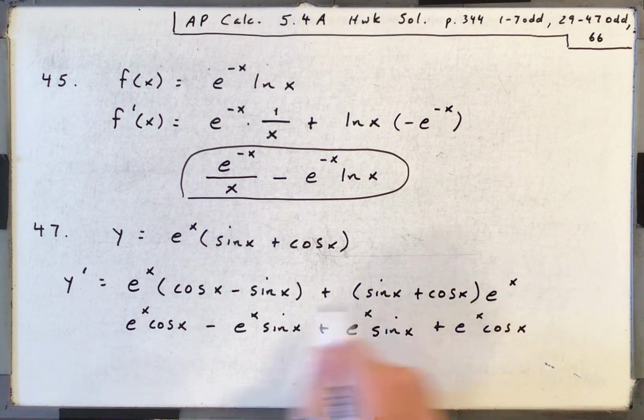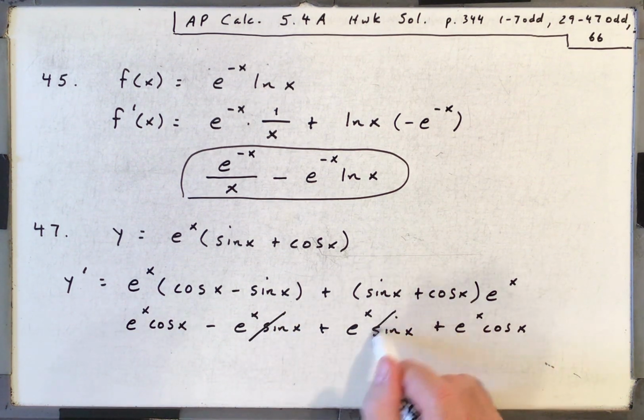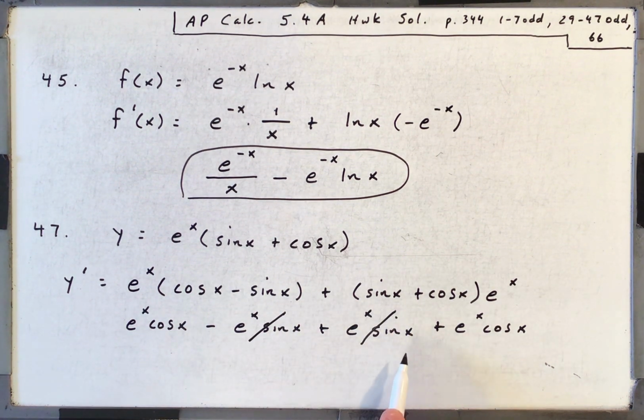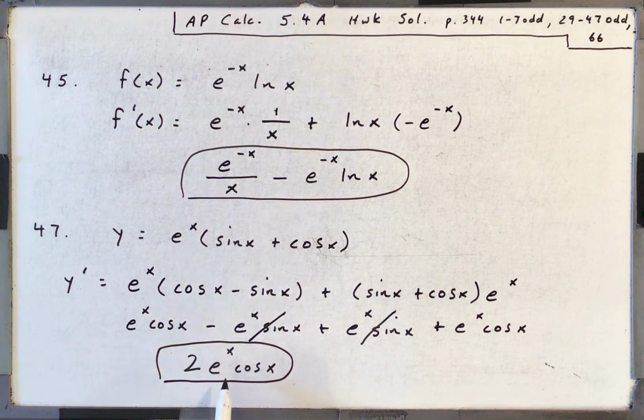So I just distributed the e to the x's. So the minus e to the x sine x and plus e to the x sine x cancels, and then we would just have e to the x cosine x plus e to the x cosine x. That's 2 e to the x cosine x. It's 2 of them. So we can just write a 2 out front. And that's the best way to write that solution.